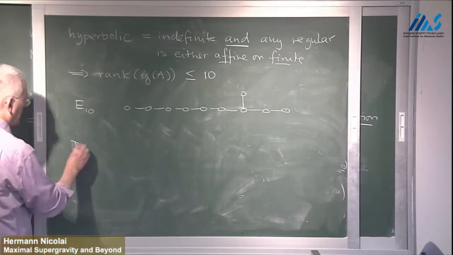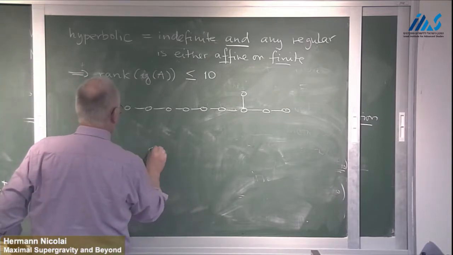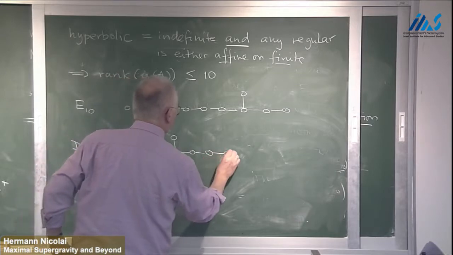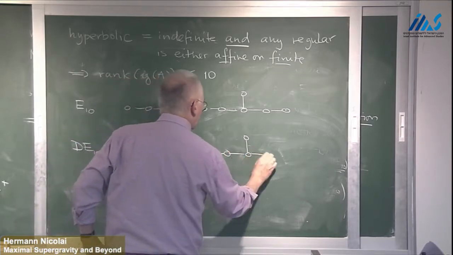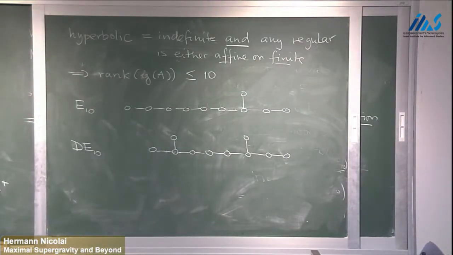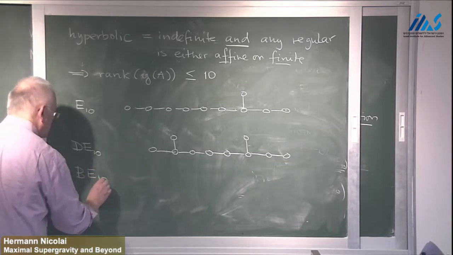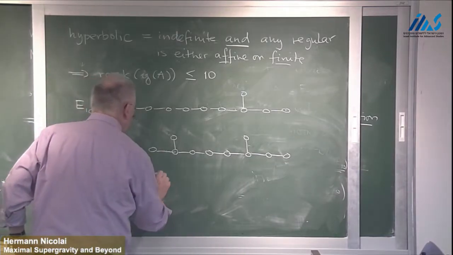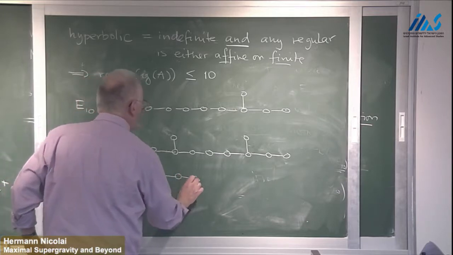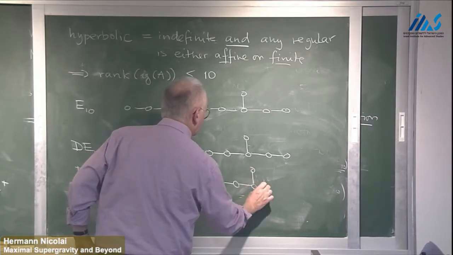There's another one called DE10, and this is obtained by putting the node like this. And there are two more, which are not simply laced, meaning that you have roots of different lengths. Well, you will see in a moment, it somehow fits precisely what we know from supergravity.